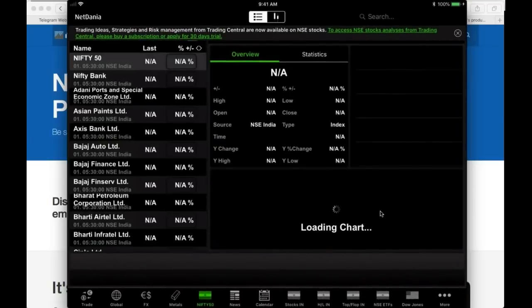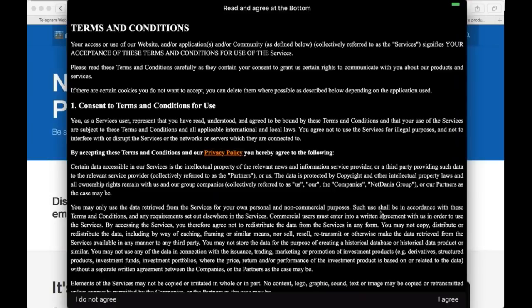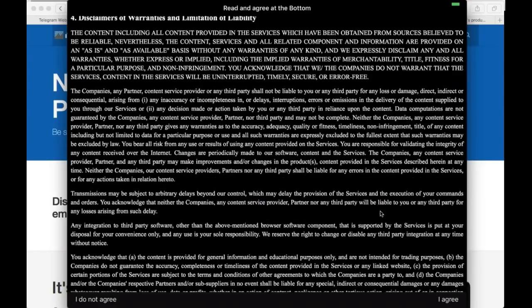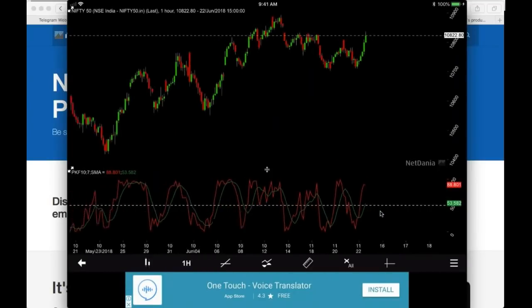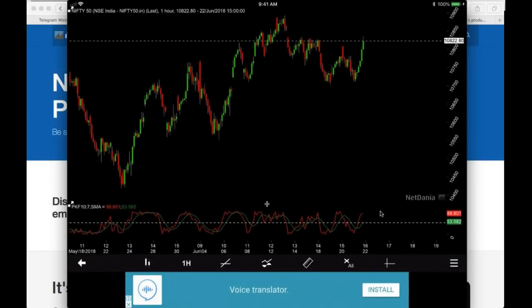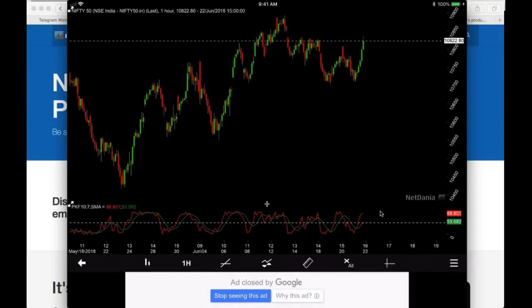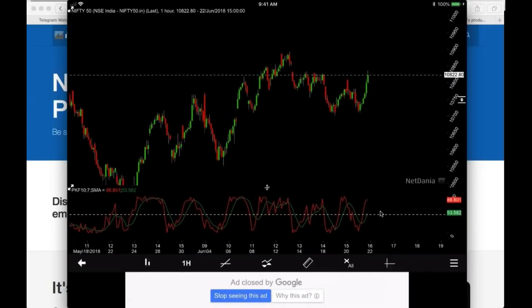NetDania and TradingView are among the best I can think of for the tab and phone version. So this is the chart of Nifty, and the data that they give you has a price delay of around 15 minutes.